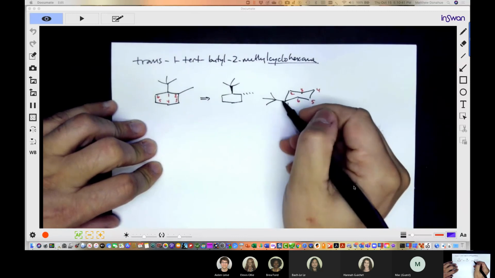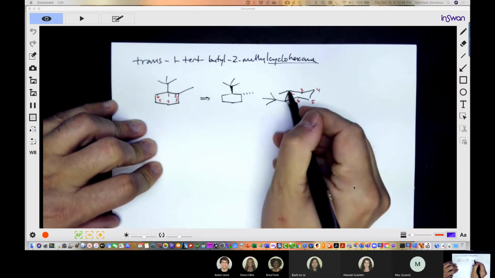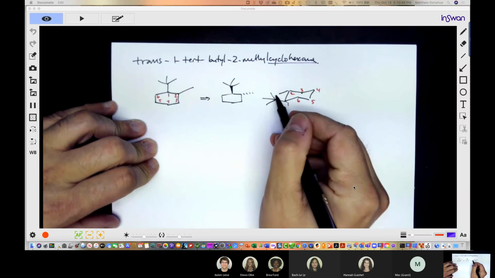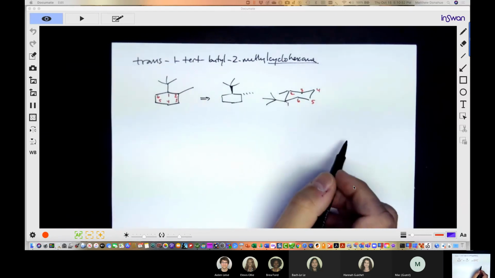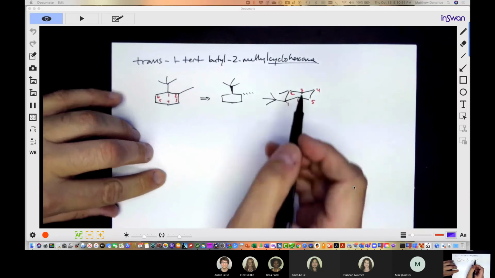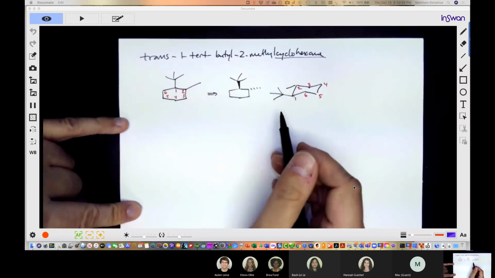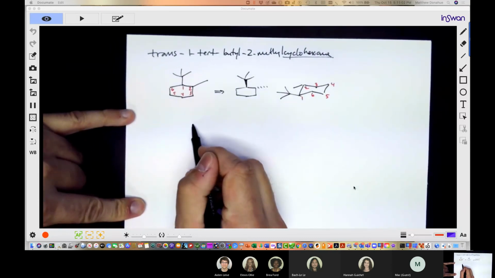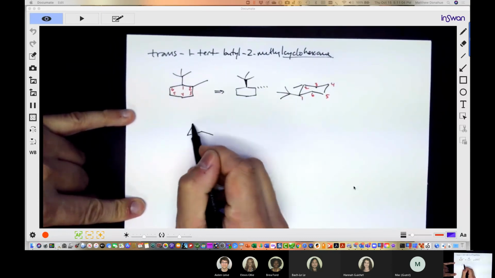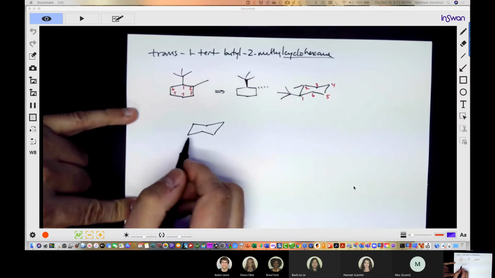So yeah, it has to be equatorial because this group is up, this group has to be down to be trans. So that's what I mean by the relationships between the carbons as you move. So let me show you that.